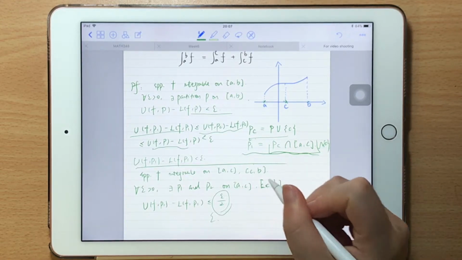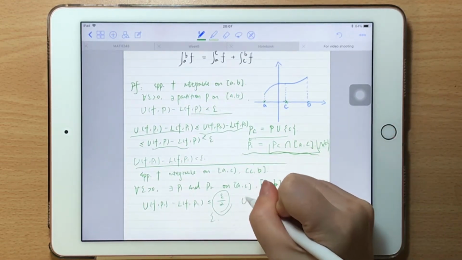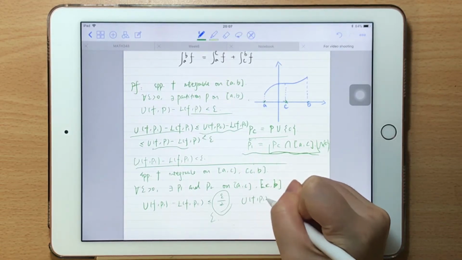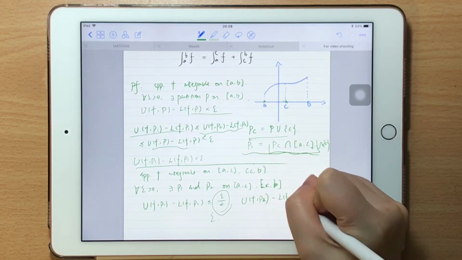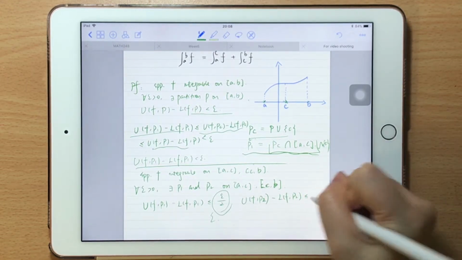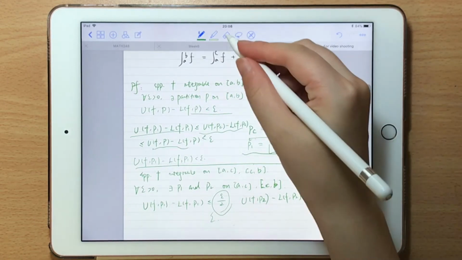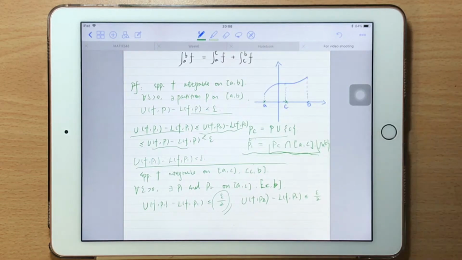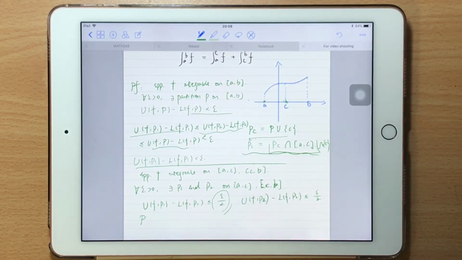Okay, so U of P1 minus L of P1 is smaller than half epsilon, and U of P2 minus L of P2 is also smaller than half epsilon, right? And so now we take the partition on AB.